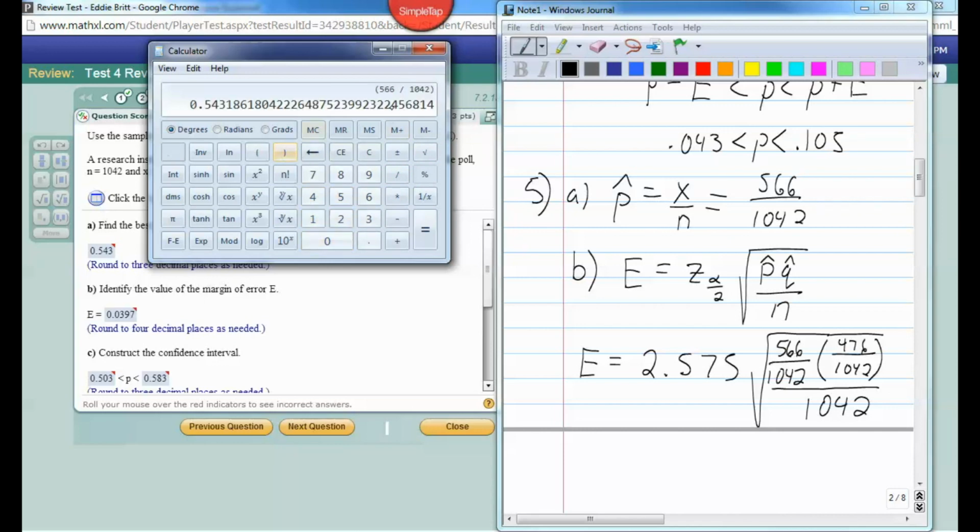So I say this fraction, 566 over 1042, times 476 over 1042, and then divided by 1042.